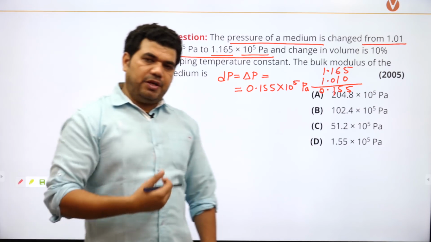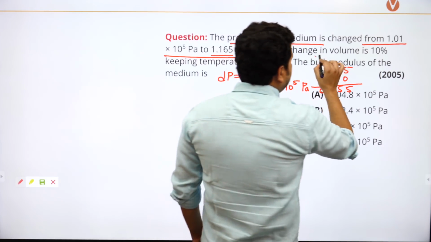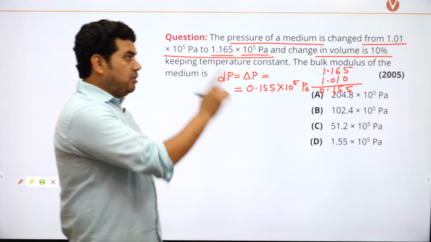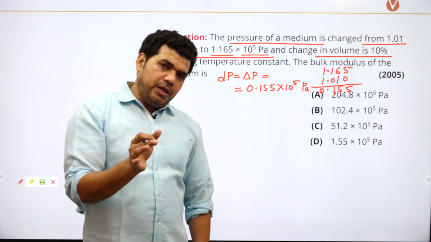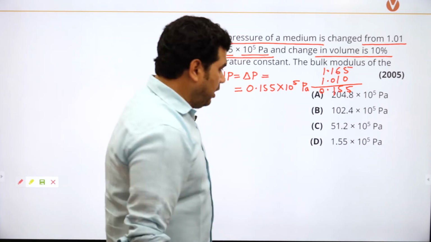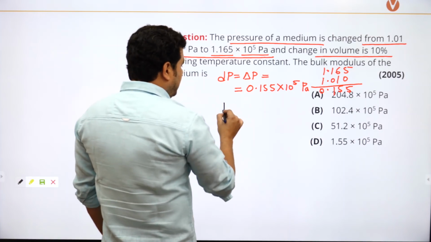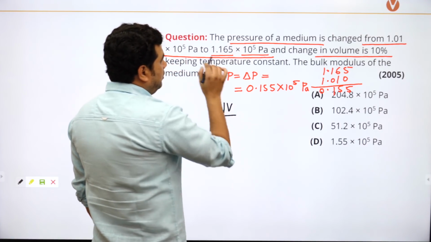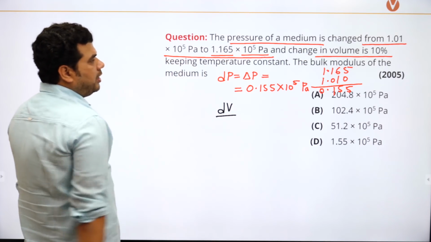So what will happen when we change the pressure? Due to the change in pressure, there is a change in volume, and change in volume is given as 10%. Are you aware of change in volume? Also known as the volumetric strain, and this is given as volumetric strain dV upon V. Here we are increasing the pressure. See, are we increasing the pressure or decreasing?